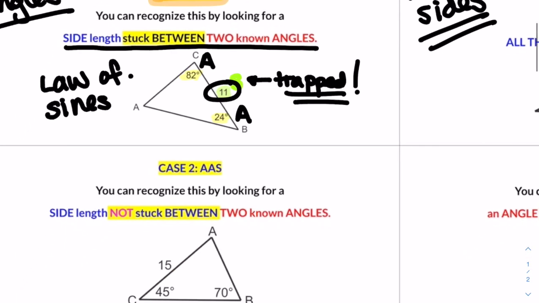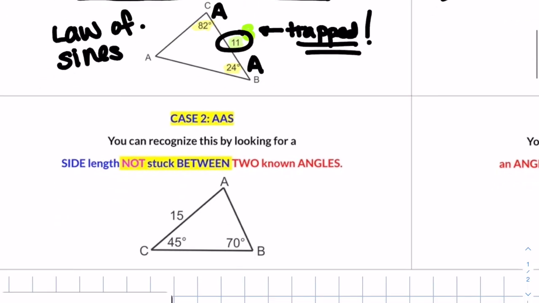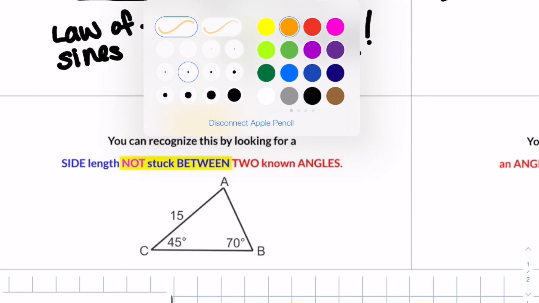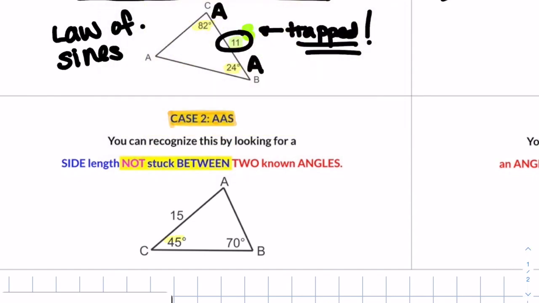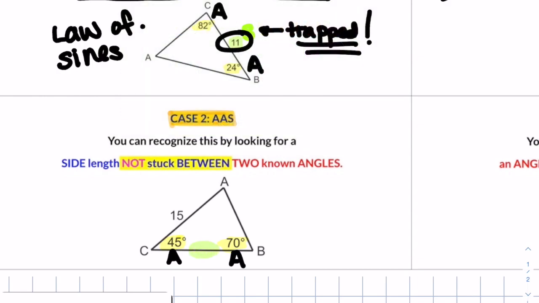And then you'll notice again, down here at the bottom, we have another case, AAS. I gave you an example of AAS down here, so I'm going to mark the triangle the same way. Notice that I have two angles again, so I'm going to call that A. But this time, in the top example, the side was stuck right in between the two angles.